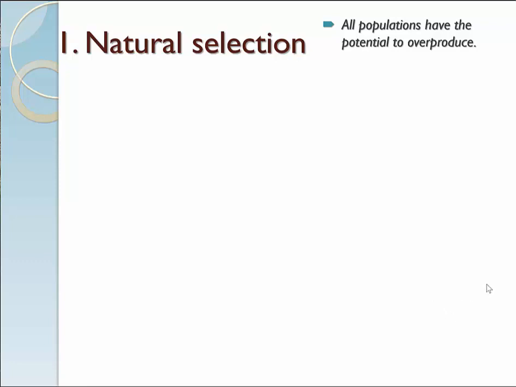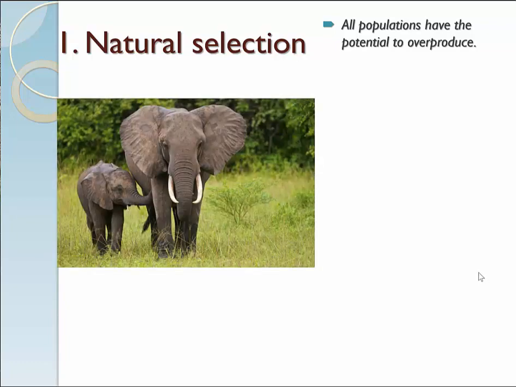And the first one is all populations have the potential to overproduce. And Darwin did a calculation that if elephants could reproduce unimpeded by any factors, that within 500 years there'd be 5 million elephants on the earth. And that's a pretty impressive number. Unfortunately, it's wrong.